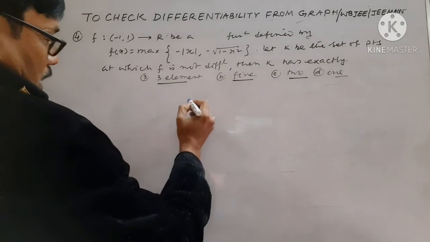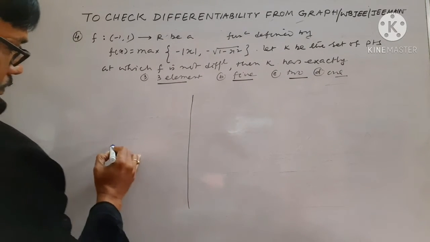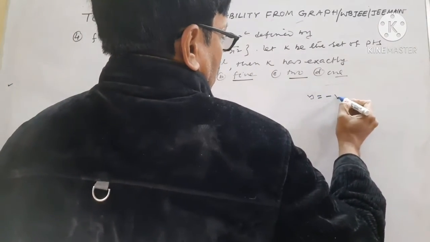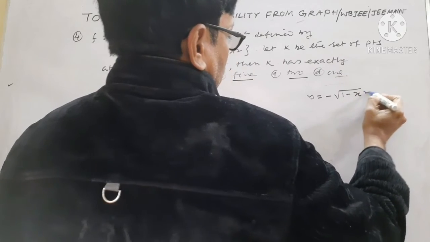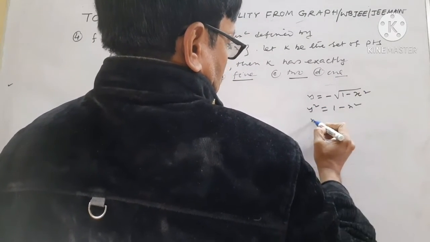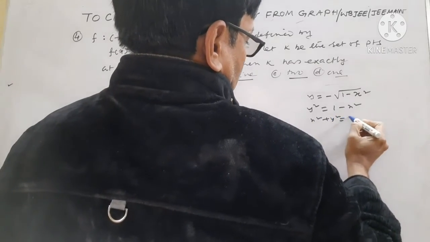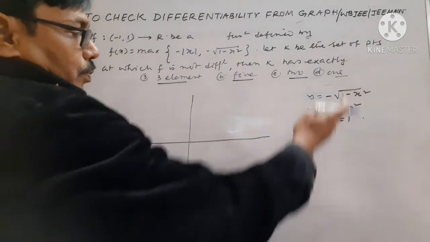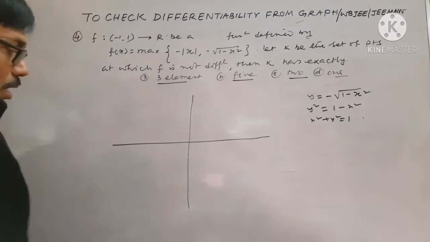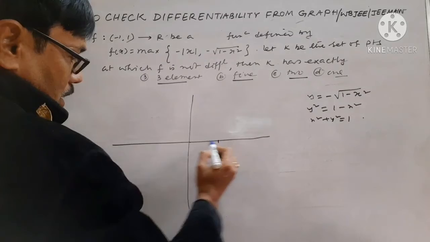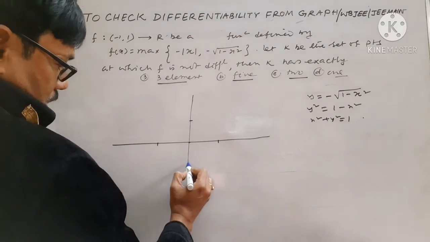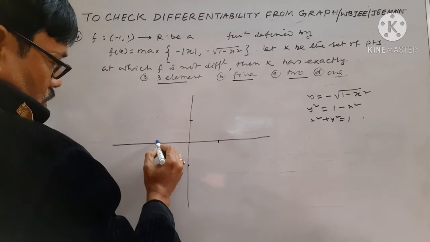So draw the graph. x square plus y square equals to 1. This is a circle but y less than 0. So this is a semicircle. So center is 0, 0, radius is 1.